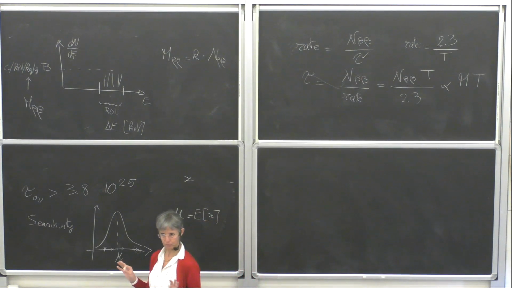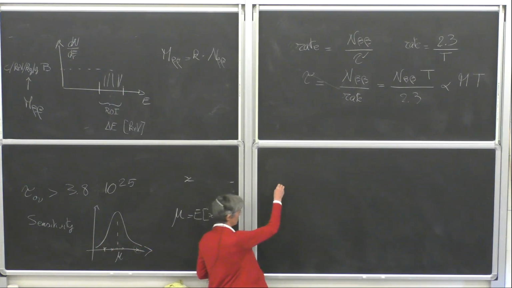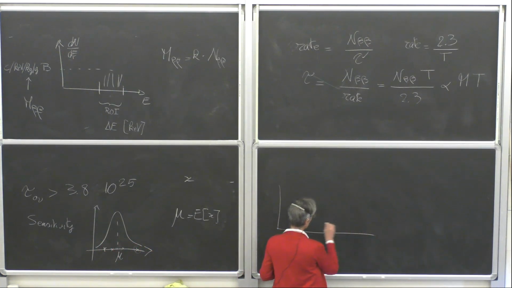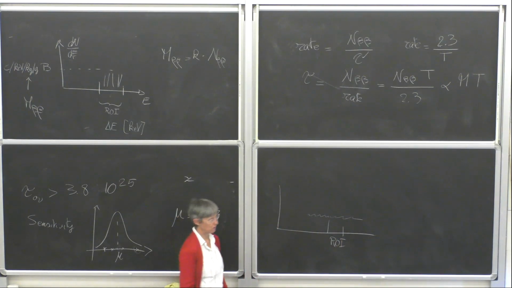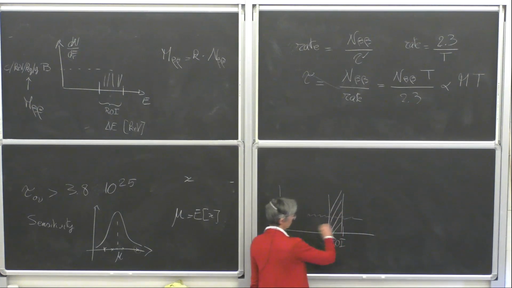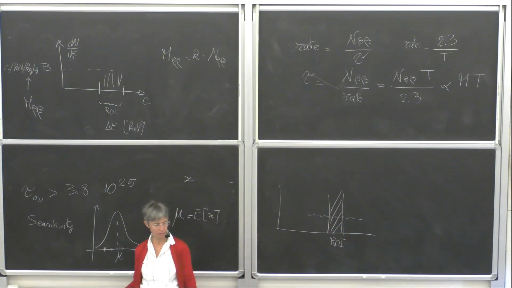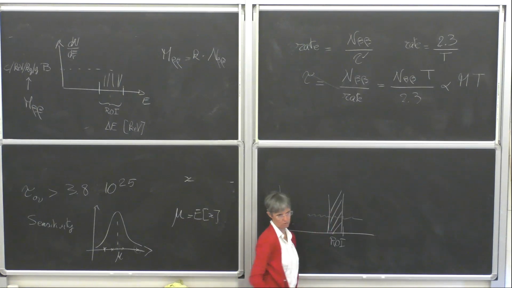For example, in the case of double beta decay, it's quite easy, since your result is obtained by looking at a small energy region in your spectrum. The solution is that this region is blinded. When you draw a histogram, you do not have the possibility of looking in this box.